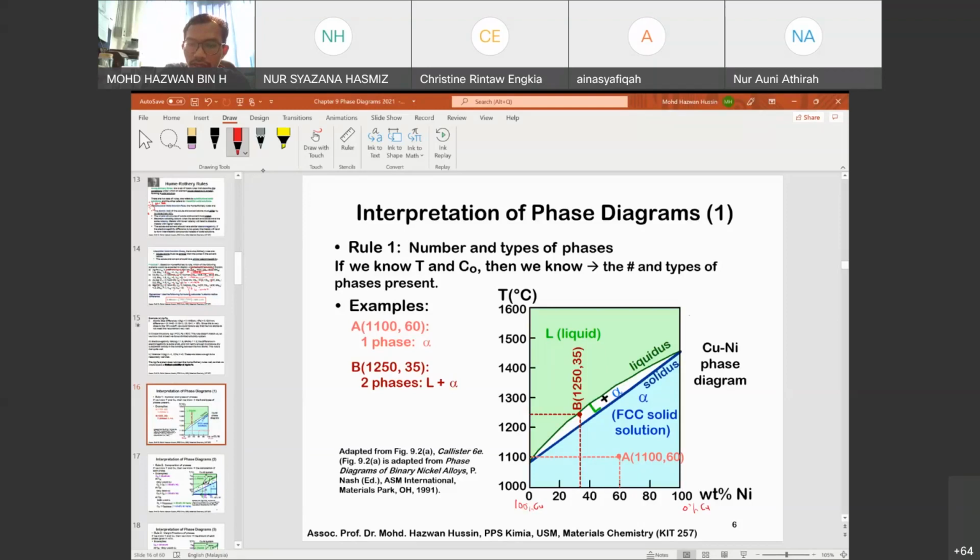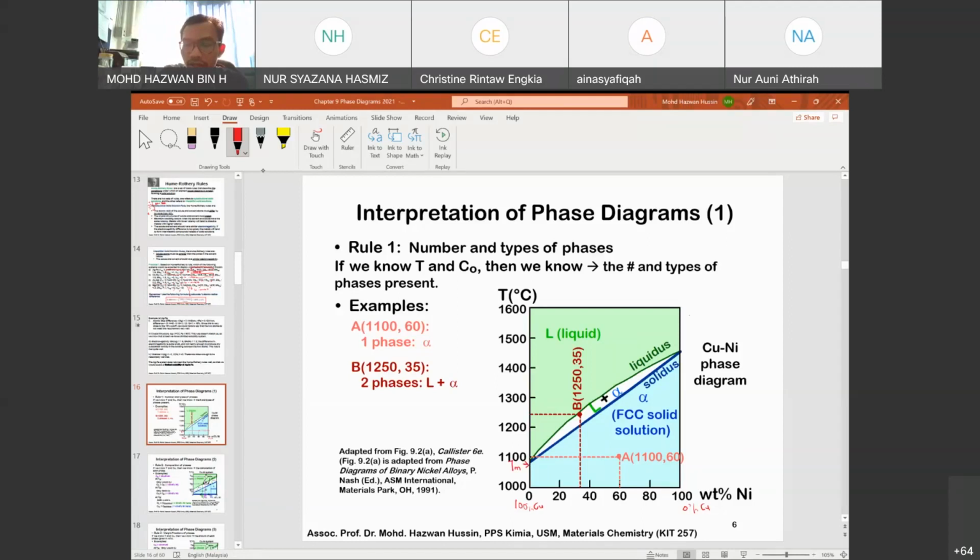Then you will see over here, this is the point that separates the solid and the liquid. So you have a solidus line. This is where the melting temperature, Tm, is. It's around 1100 or maybe less than 1100. So this will be the melting temperature of copper, because beyond this temperature, it's already in the green region, which is liquid. It's already been molten and become liquid.